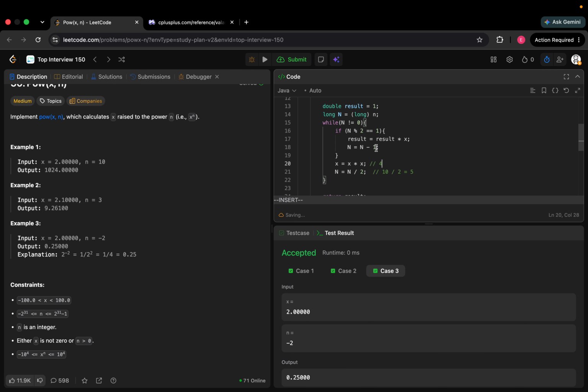And then we keep continuing. If n modulo 2 is equal to 1, we need the result equal to 1 times x, currently 4. And for here we modify n minus 1, which should be 4, and then keep going. Then it will be 8, then here 4 should be 2.